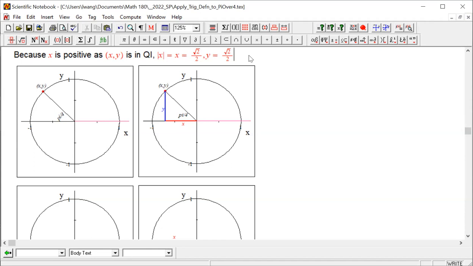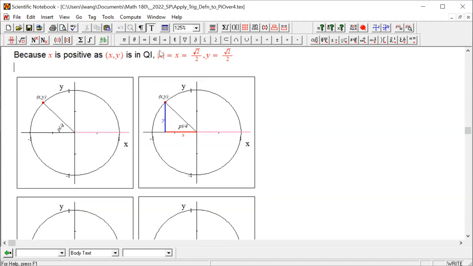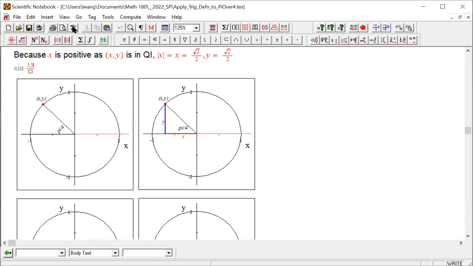So before we go on, let's put the size of this angle, right? This angle A we have chosen to be 2 pi plus pi over 4. What would that be? 13 pi over 4?